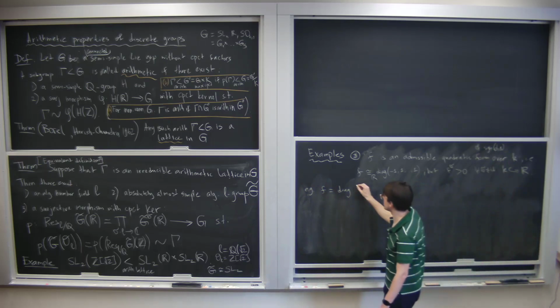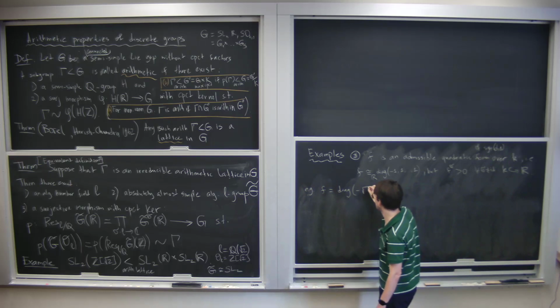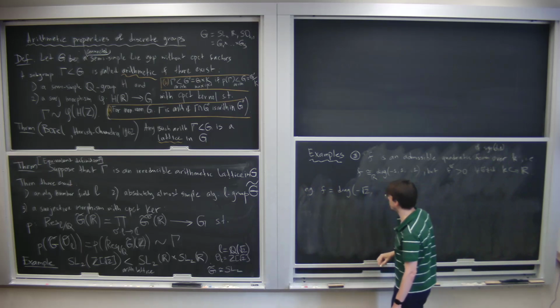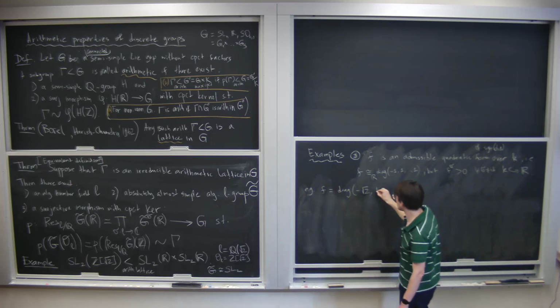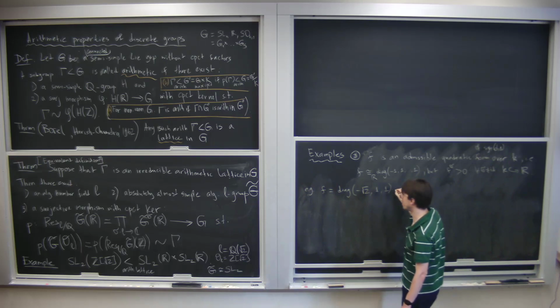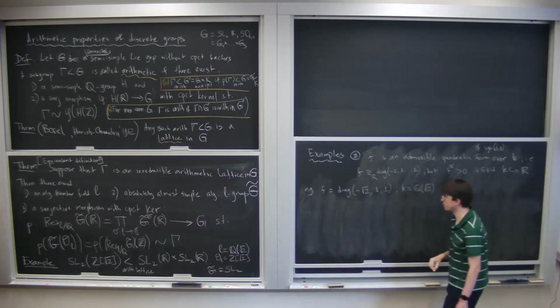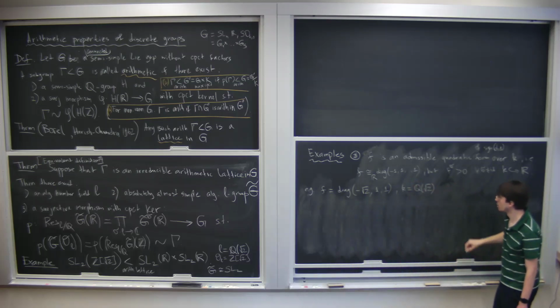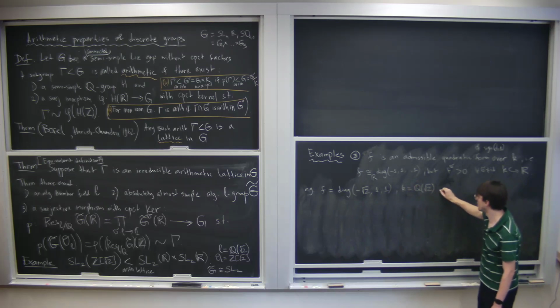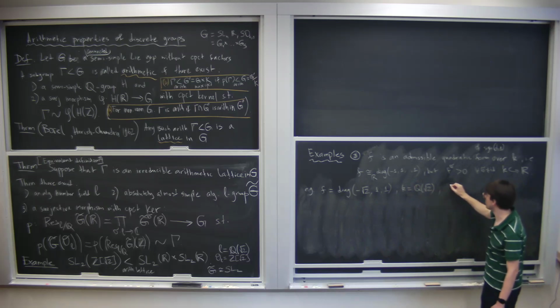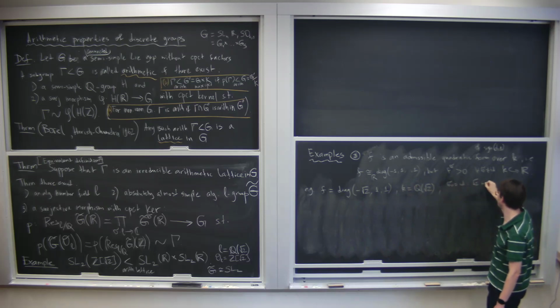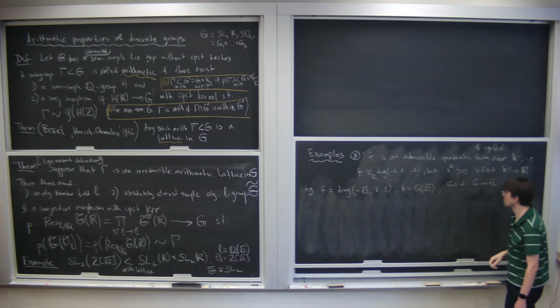So for instance, it can be like that: minus square root of 2, 1, 1. The field K is again Q adjoined square root of 2. And my sigma_0, the identity, just maps root 2 to root 2.